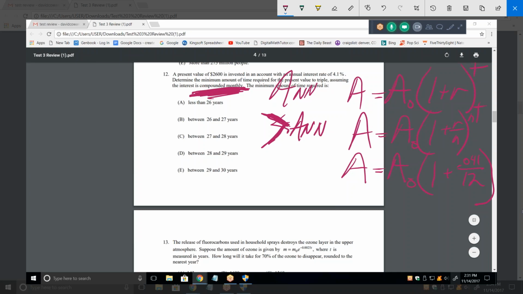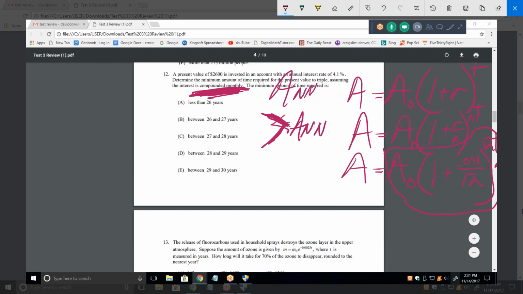Now, determine the amount of time. Okay, first of all, that's going to be 12t. In other words, this is the specific equation for this model. Right there. We know the r, we know the n.